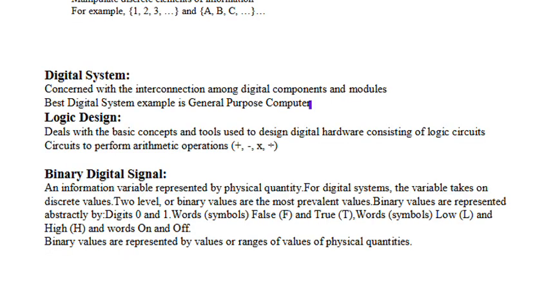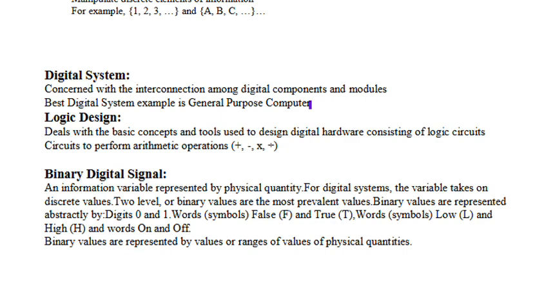So the next one is the binary digital signal. An information variable is represented by a physical quantity. For digital systems, the variable takes on discrete values. As I said before, only digital systems, like digital electronics, have discrete signals and discrete values.